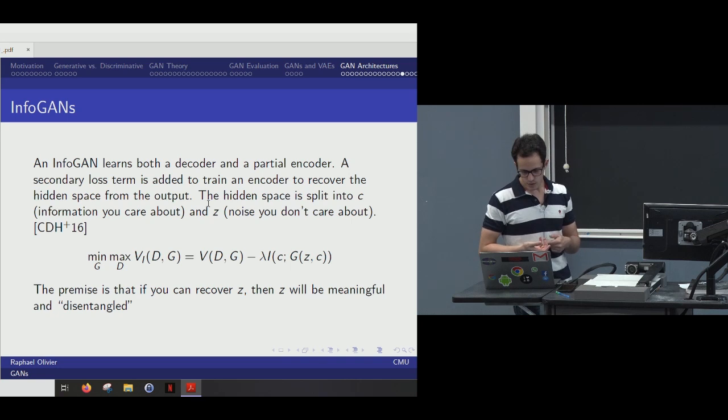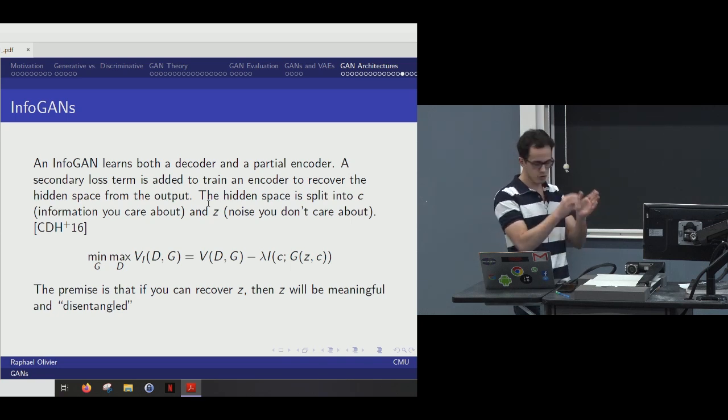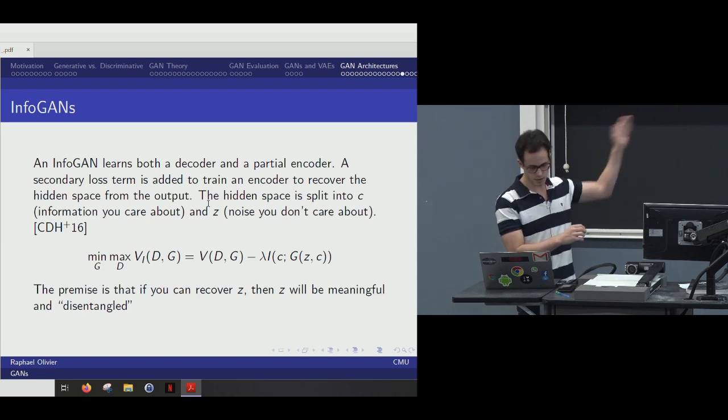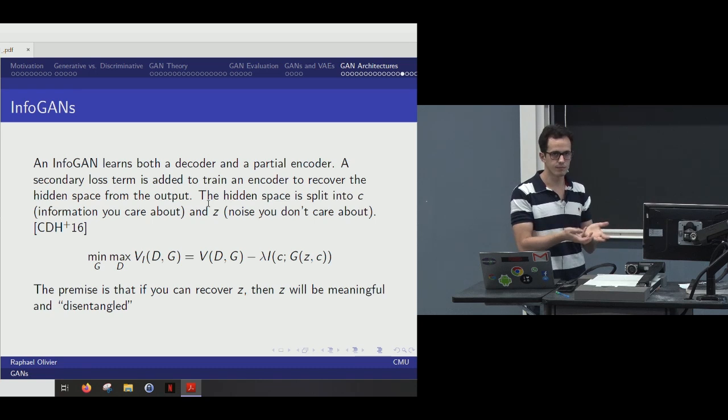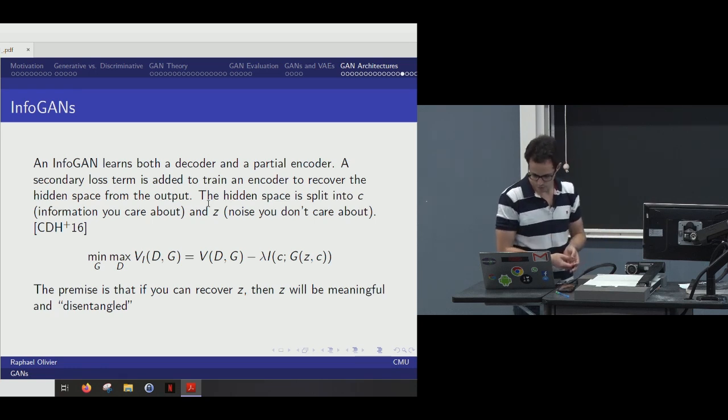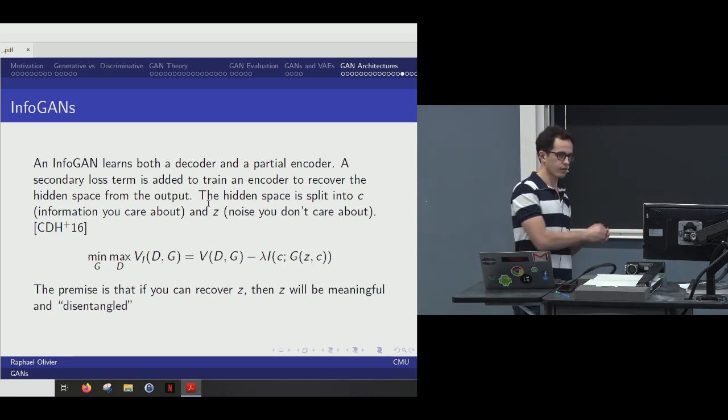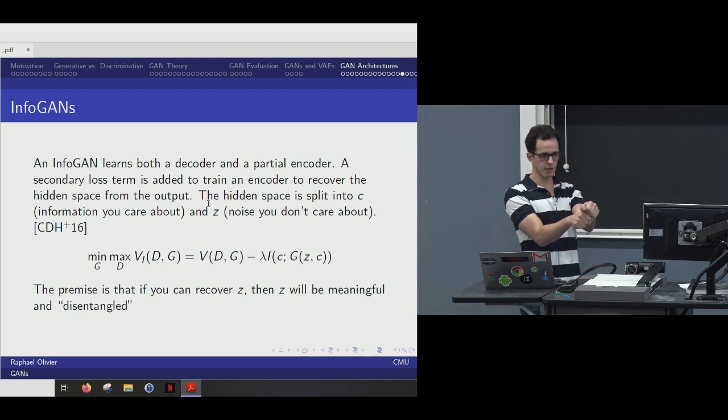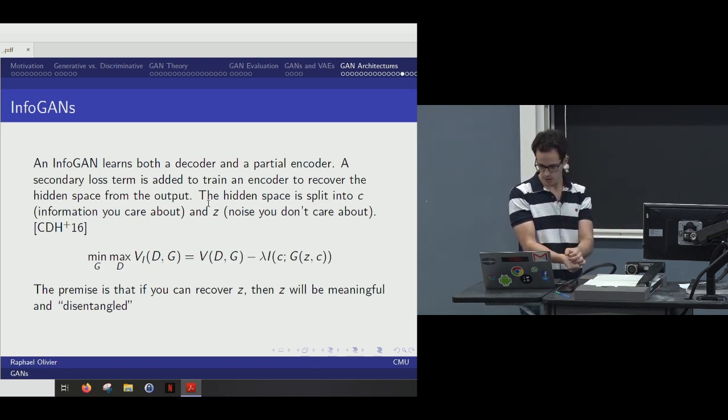So what the InfoGAN is going to do is, say you've got two parts in the latent representation. There's C, which is what you care about, and Z, that's incompressible noise, if you want. The generator is going to, as usual, use those two concatenated things to generate stuff, and the discriminator is going to say this is real, this is not.